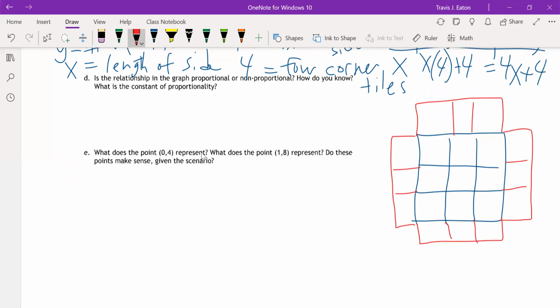So there are the 4 sides multiplied by the side length of 3. Remember, y is equal to, in this case, the 3 times the 4 sides, plus, then we have to add the 4 corners.